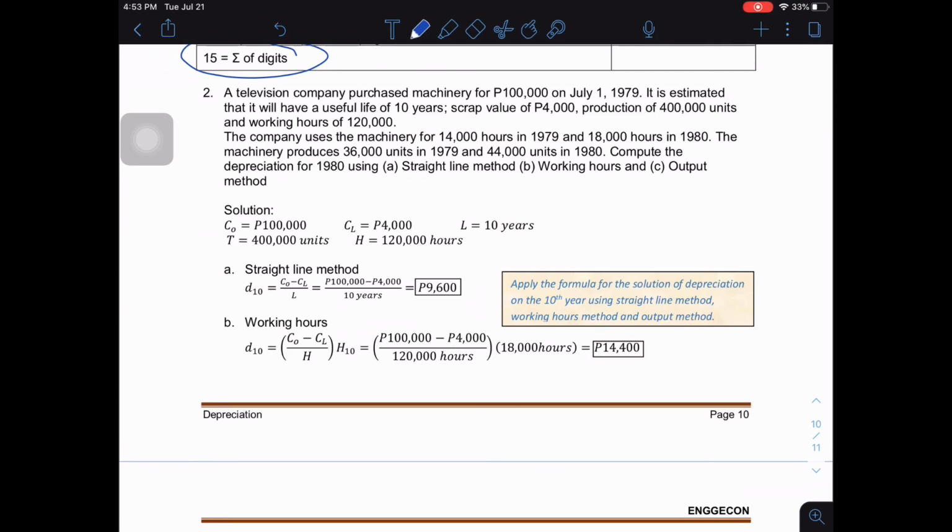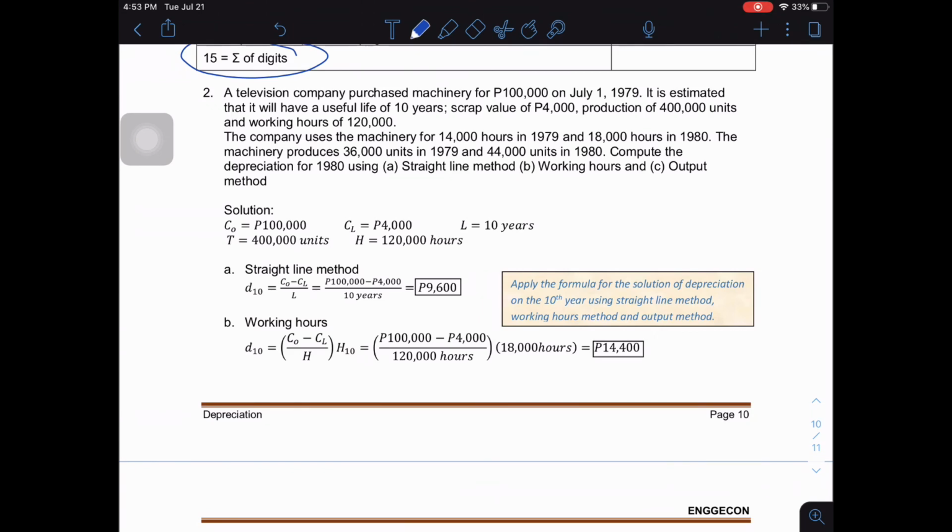Working hours method, so that's our formula. We have to subtract the salvage value from the original cost over the total hours of 120,000 hours, and then multiply it with 18,000 hours.